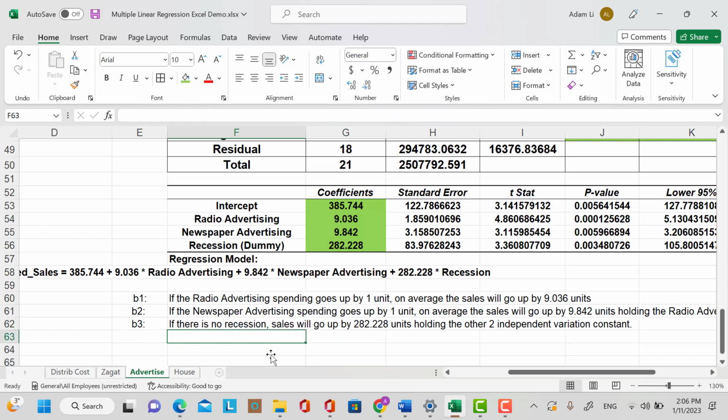Okay, so basically, that's how you interpret B1, B2, B3.